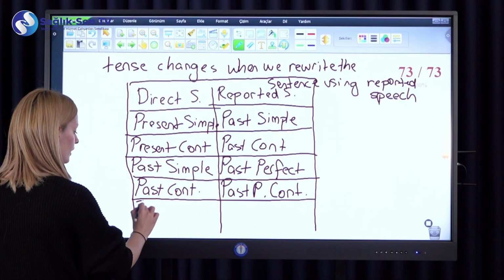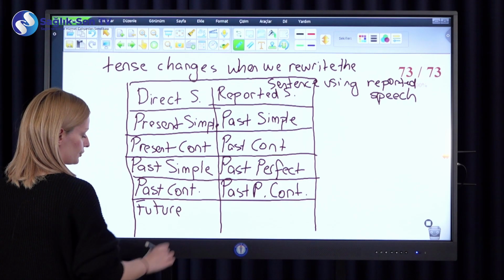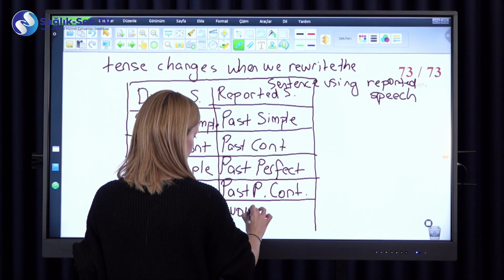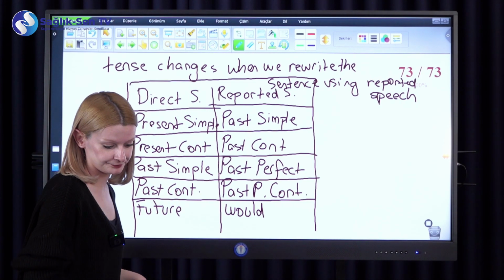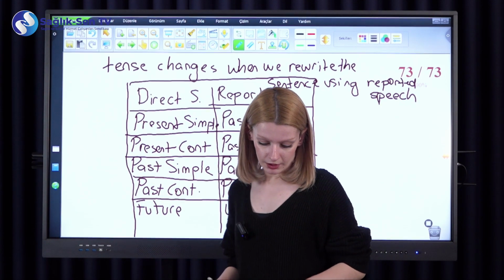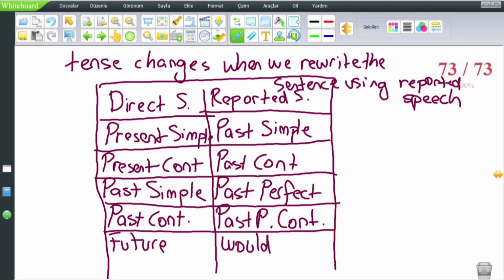And if I used future, it turns to would. This is our time schedule that we will be using while turning direct sentences to reported speech sentences.